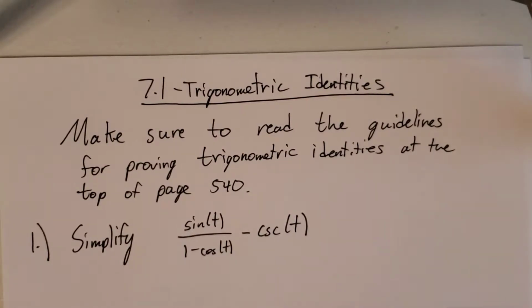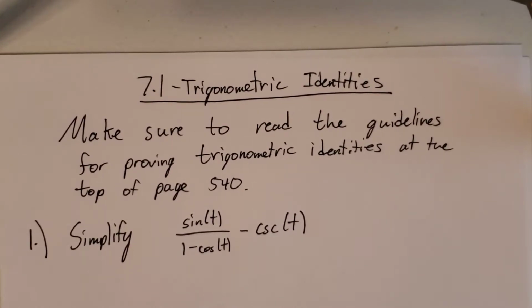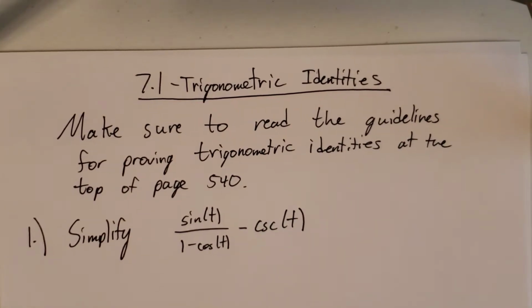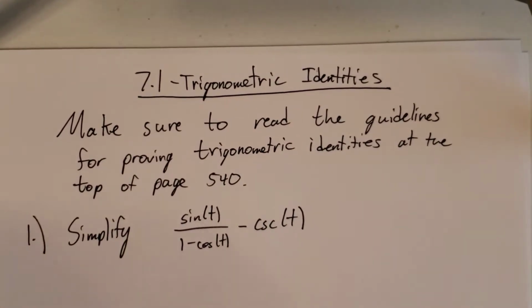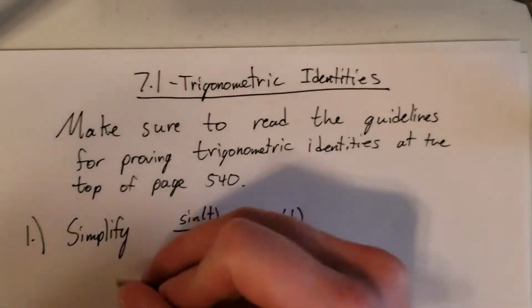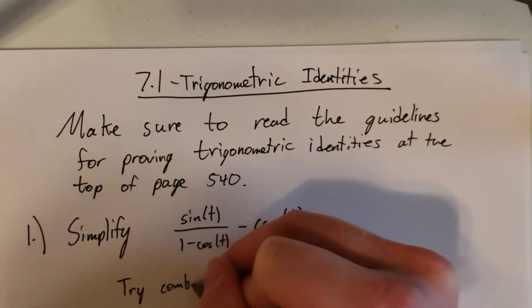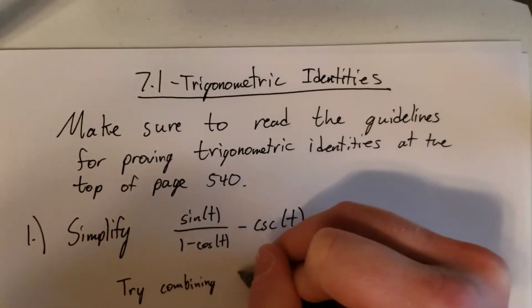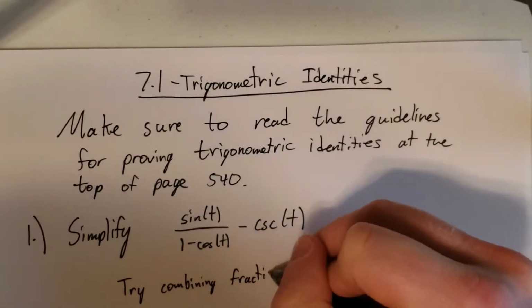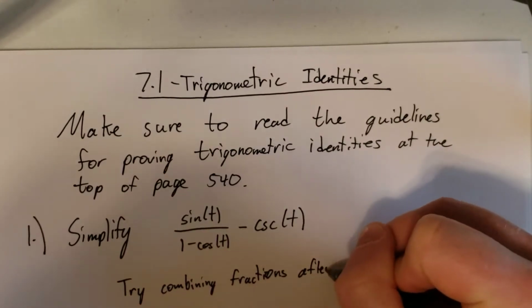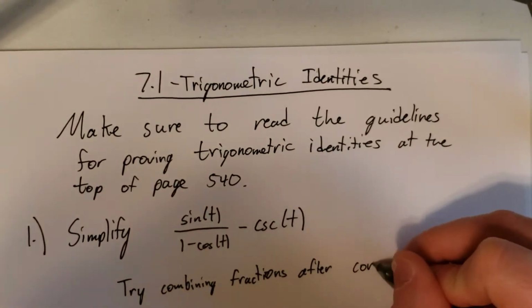We'll actually do two examples, but we'll start with simplifying sine of t over 1 minus cosine of t minus cosecant of t. Your first option is we can try combining fractions after converting to sines and cosines.